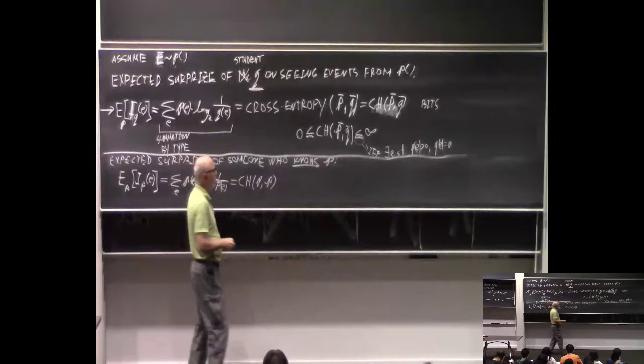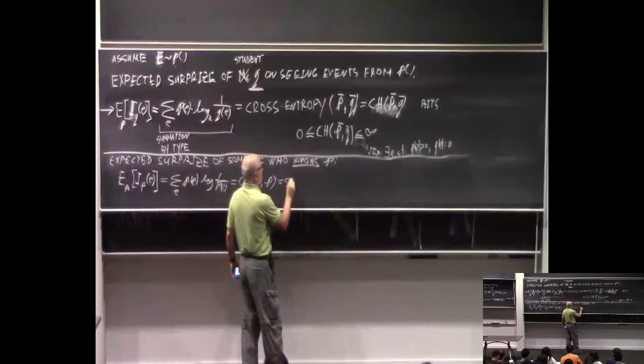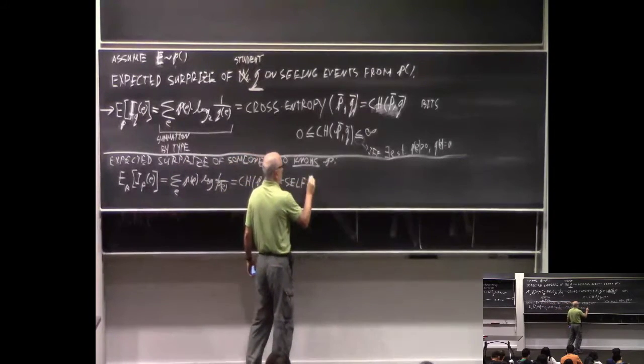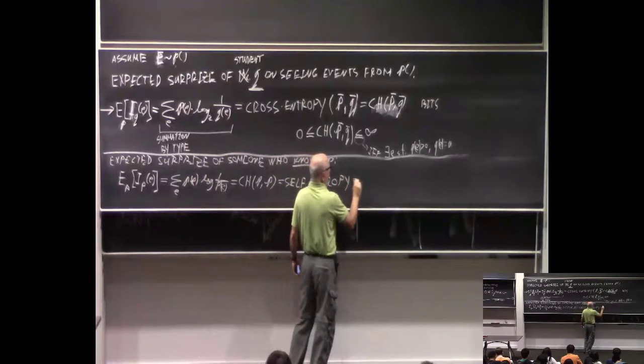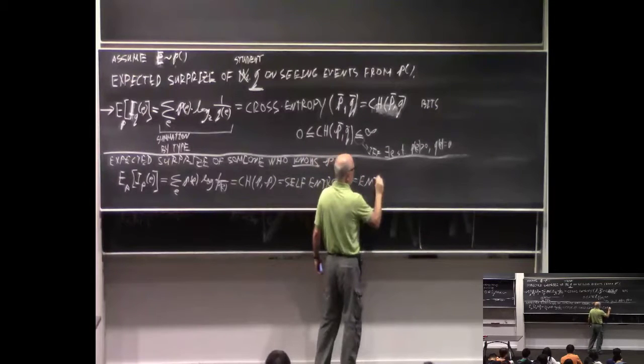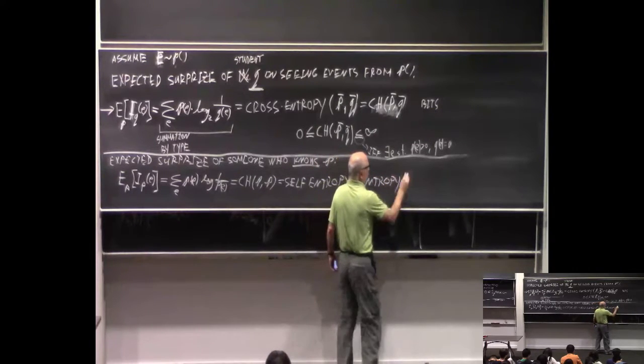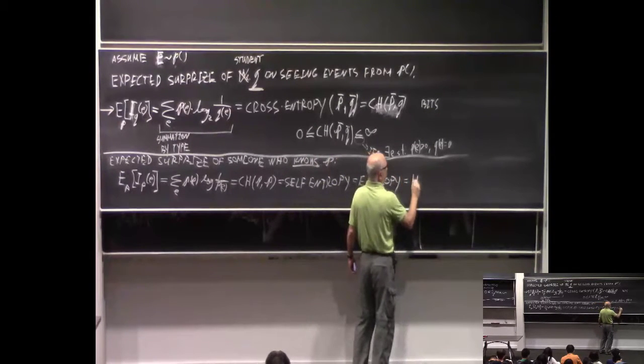Cross-entropy from P to itself is also called self-entropy, or simply entropy. And we can also write it as H of P.